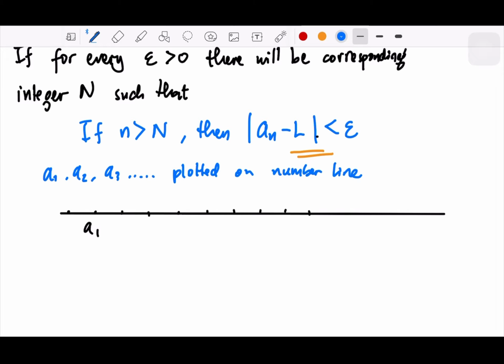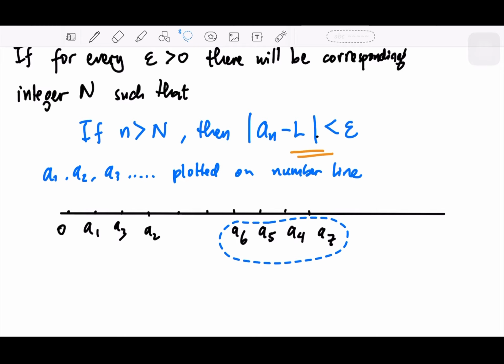Let's say our numbers start from 0, a1, but a2 I will write here, and then a3 will be back to here, and a4 is going to be here, and then a5, a6, and then a7, maybe a little bit going to be here. And then a8.